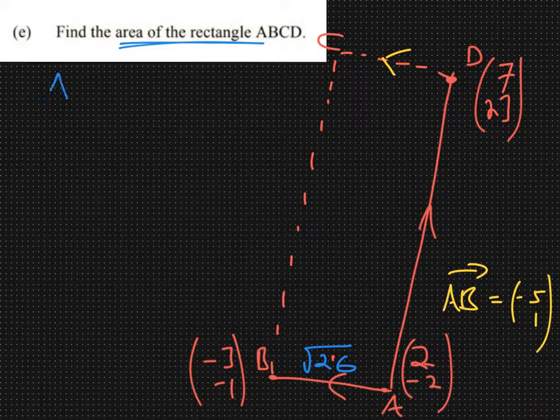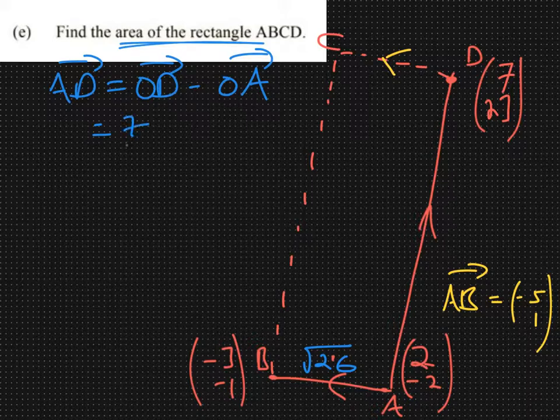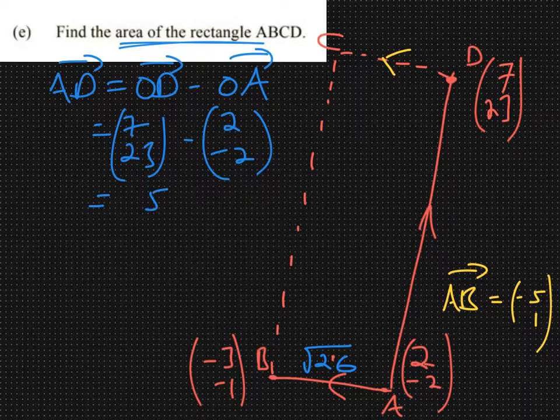Vector AD is going to be the position vector of D minus the position vector of A. So that's going to be (7, 23) minus the position vector of A, which is going to give us therefore (5, 25).